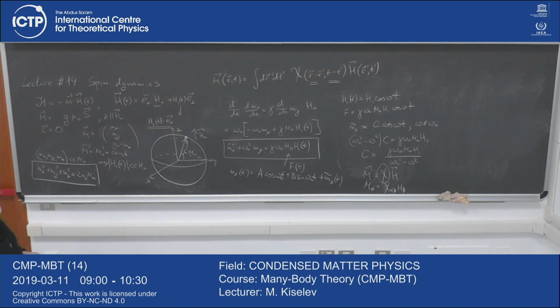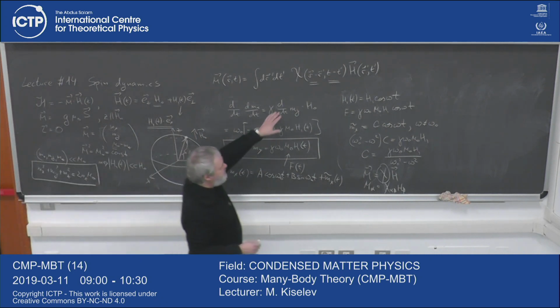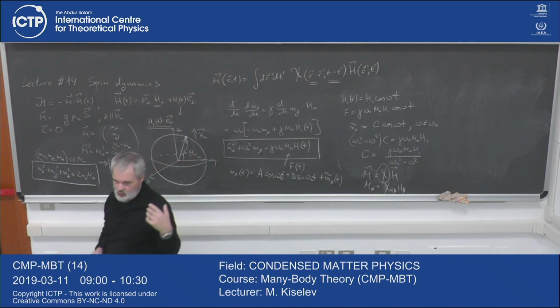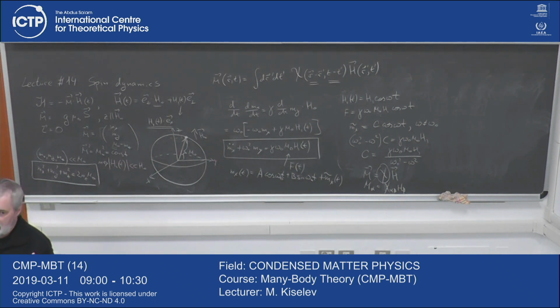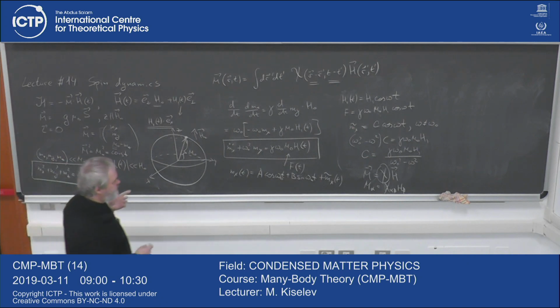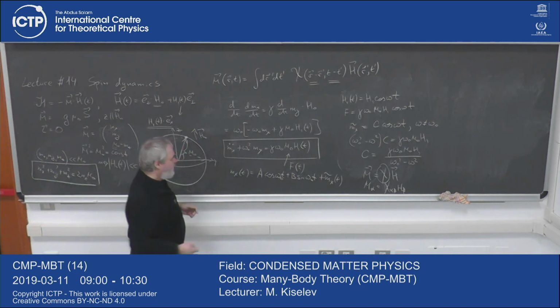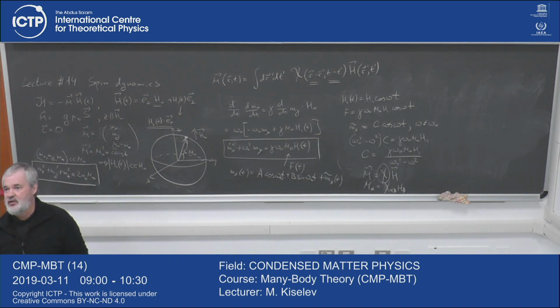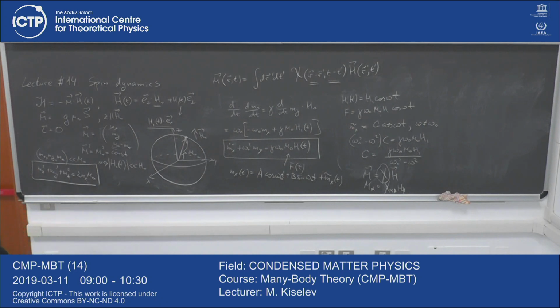Okay, so let's now find the connection between this susceptibility and what is called the Green function of the linear differential equation. What I plan to do is take this linear differential equation and construct a Green function for it, and show you that the Green function would be proportional to the susceptibility and response function.